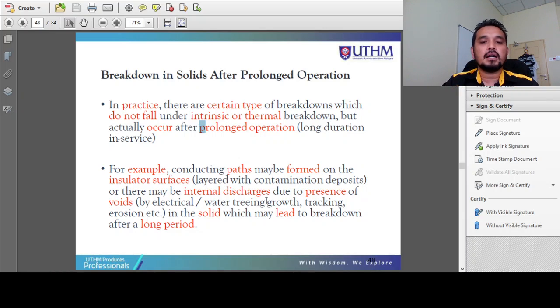For example, under the influence of the environment, a conducting path may form on the surface of the insulator.